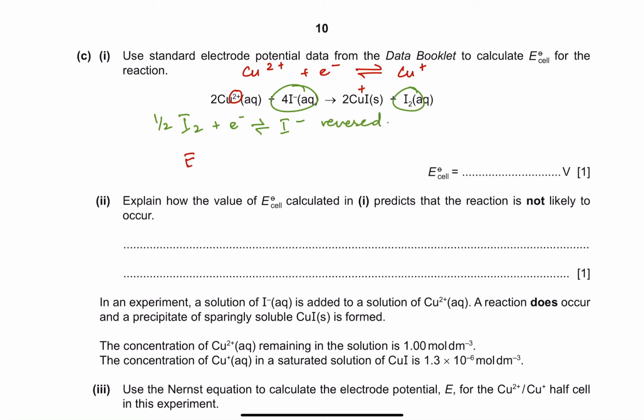So reduction potential of copper 2 plus minus reduction potential of iodine is equal to E cell.